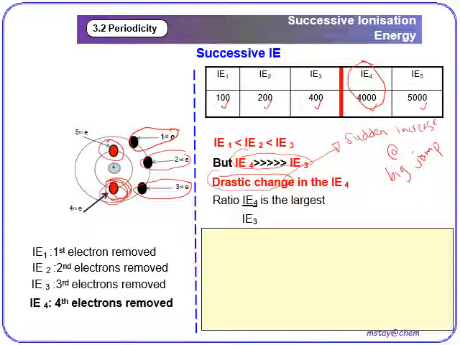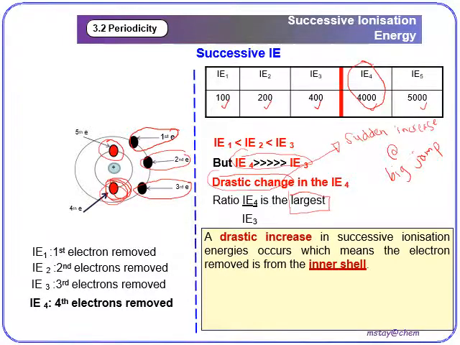Later when you answer the question, basically we are going to find the ratio and try to calculate which part of the ratio shows the largest. A drastic increase in successive IE occurs, which means the electron removed is from the inner shell.